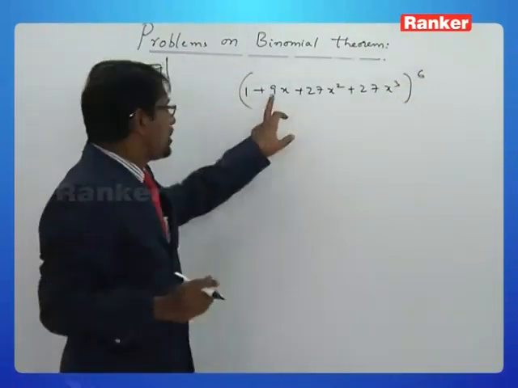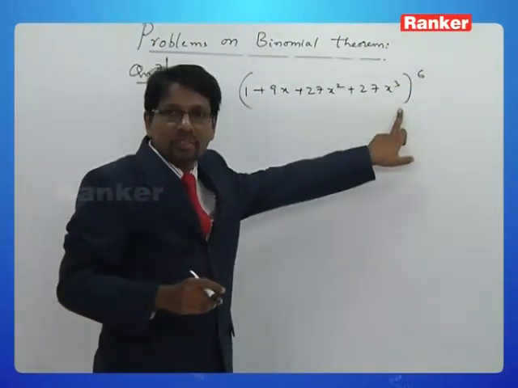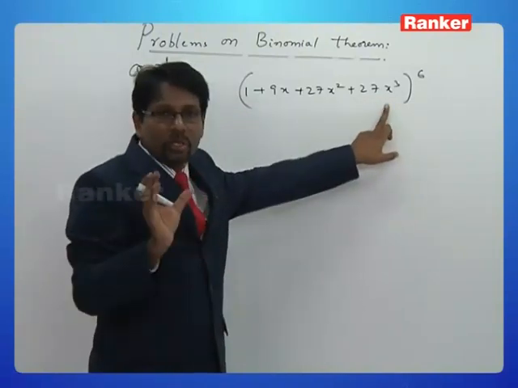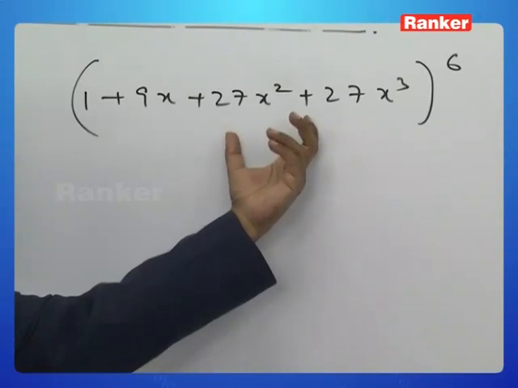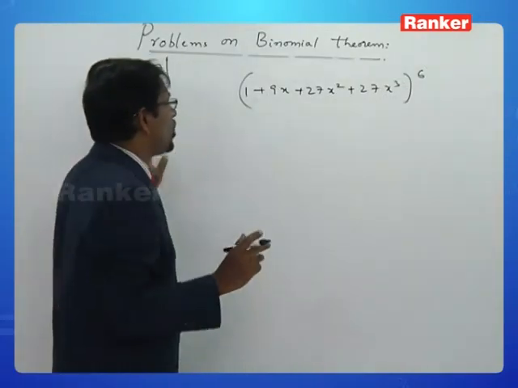On the face of it, it appears to be a multinomial expansion, but we can bring it into a binomial. That is, we can condense this into an expansion containing only two symbols. So how do I do that?